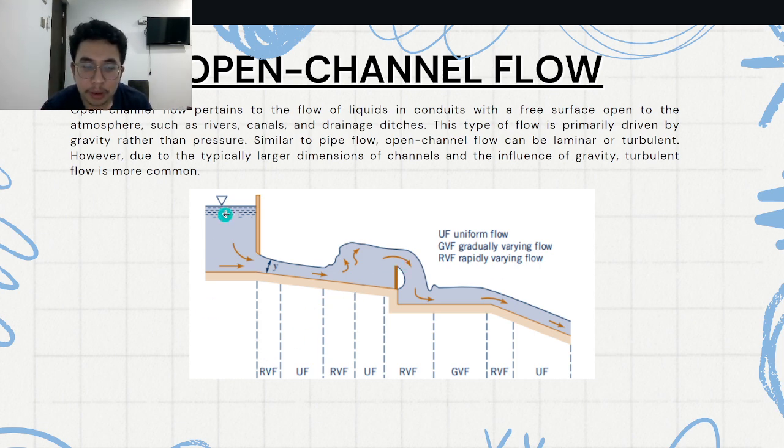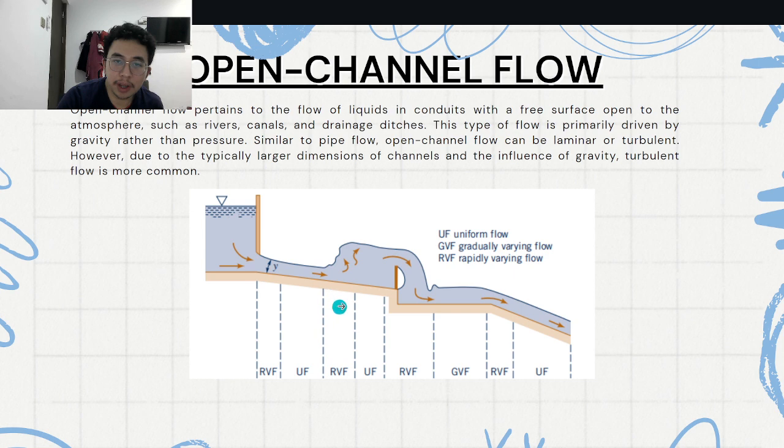In this picture we can see the sections. This is uniform flow, which stands for UF. At this part and this part the flow is very uniform. At this part, the flow is rapidly varying. At the first point the shape of the flow is like this, but at this point it changes drastically, which is why it's called RVF.